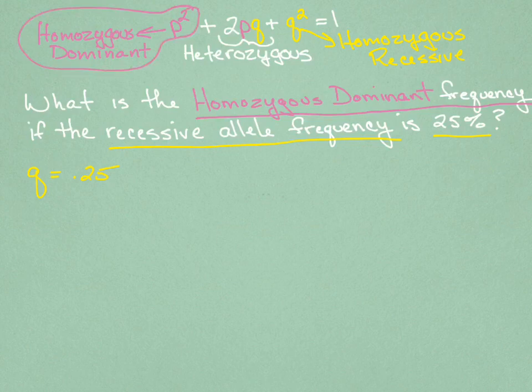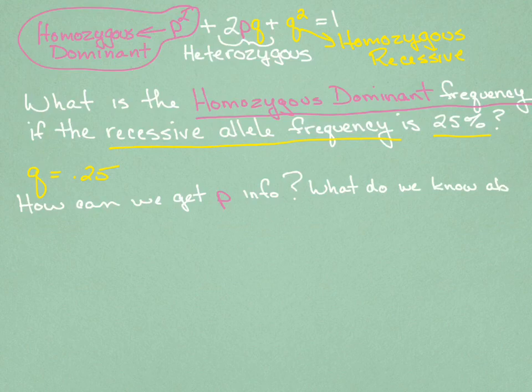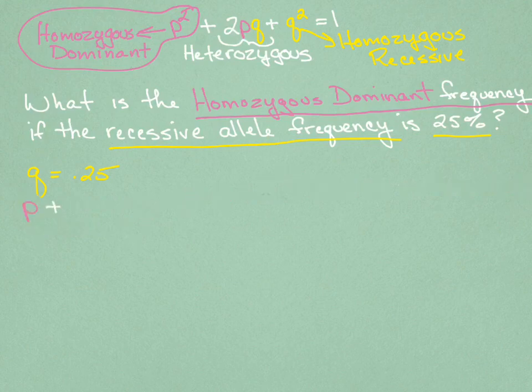And if I get to that P, I can get to the P squared, right? Well, what we already know is that P plus Q equals 1. So if I plug in for Q, I can get P.